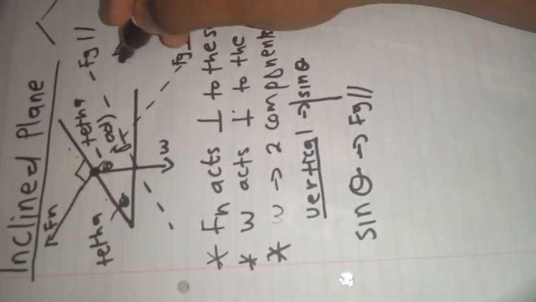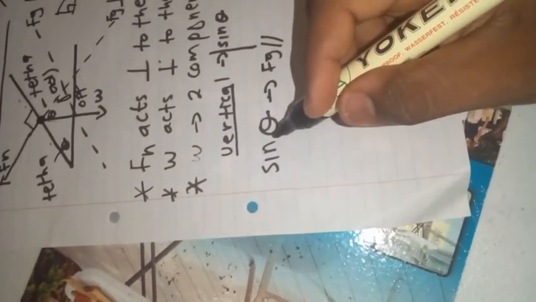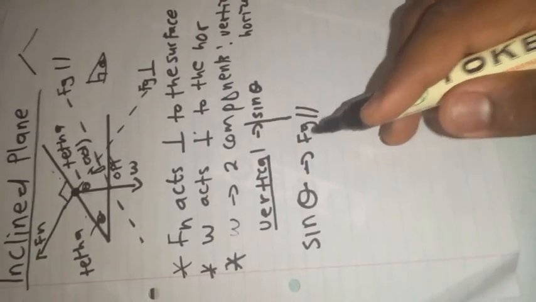Therefore we have our adjacent side here. I'll explain that. And then when it is like this, my FG parallel is going to be the opposite side, which is sine theta. You see, the FG parallel is sine theta. It is the part of the weight. That's why it is called FG parallel.